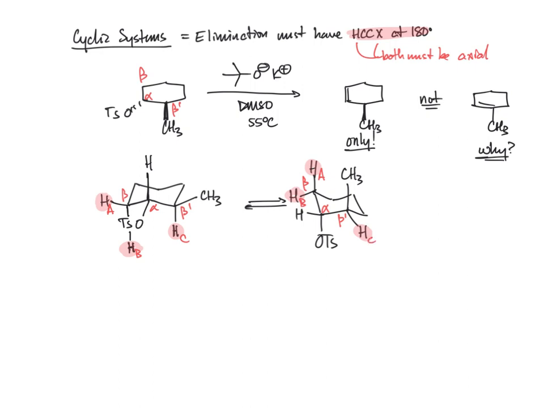So now of those 3, HA, HB, HC, which one has the correct orientation to do the elimination? HA, HB, or HC?